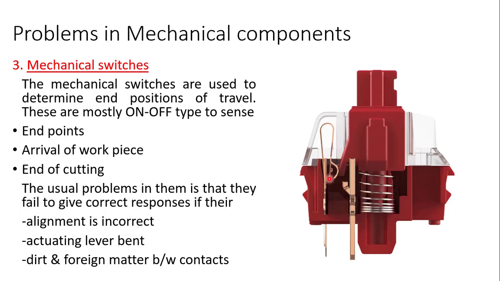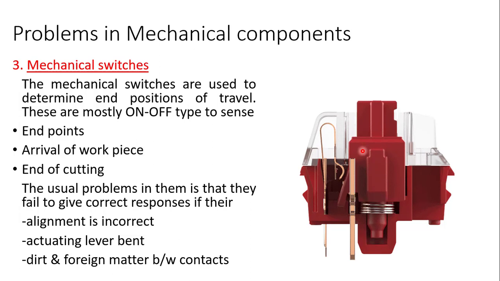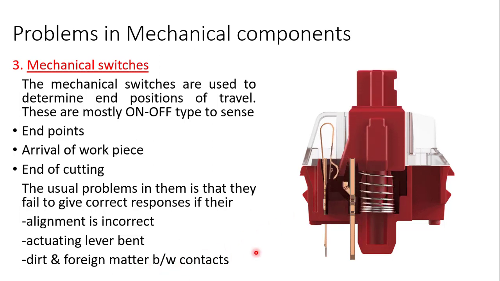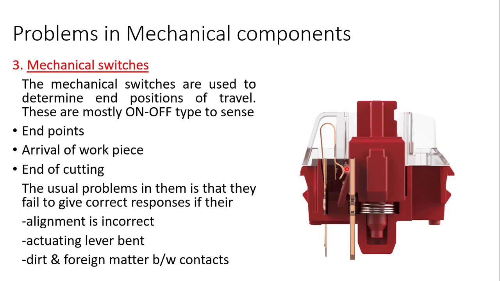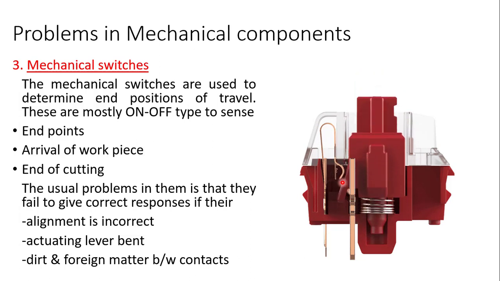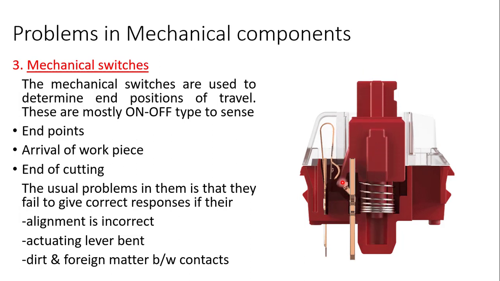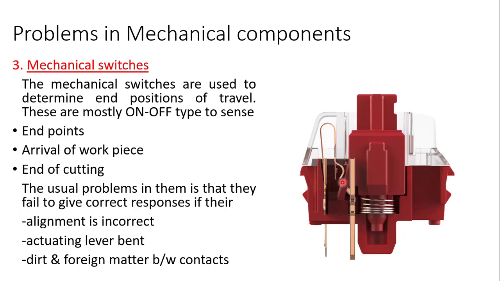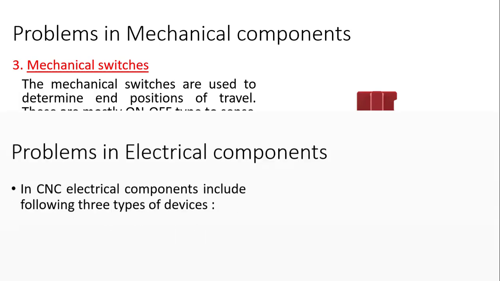If it gets more bent, your switch would be telling you errors. Then dirt or foreign matter accumulates between the contacts, which will decrease or increase your timing. If the timing is changed, your accuracy would be hampered. So these are some common mechanical problems.